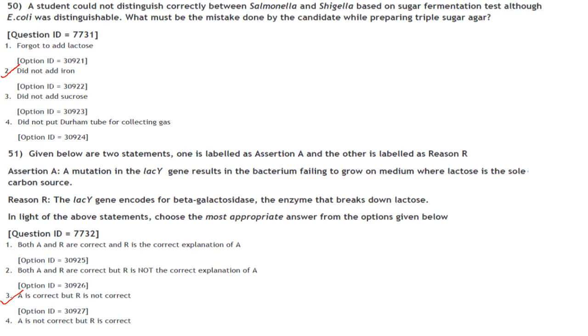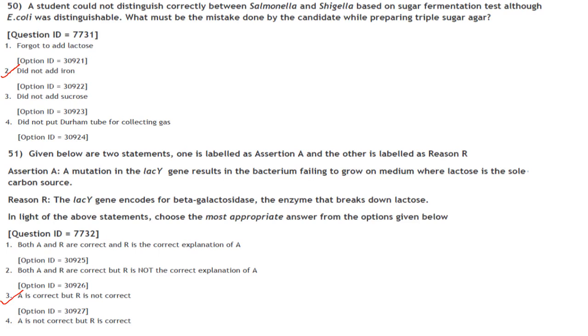Why? Because if they had added iron, then H2S production could be distinguished between the two bacteria, as H2S is produced by Salmonella and Shigella does not produce H2S. E. coli also does not produce H2S. So adding or not adding iron did not hinder E. coli detection.